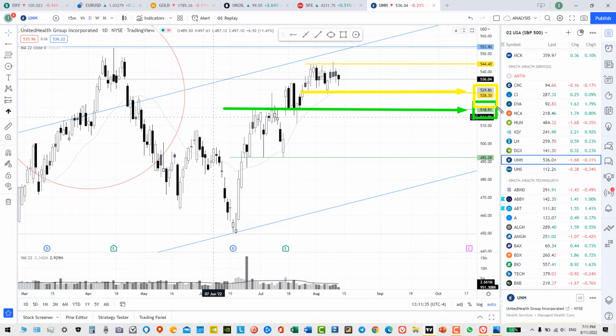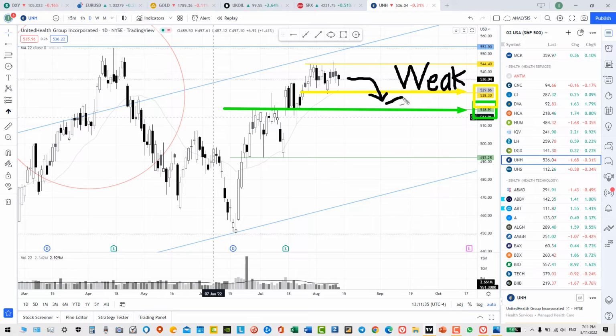So these are the two most important levels in the identification of any corrective wave, if any corrective wave is going to be created. Why? Because a break below 528 will be considered a clear sign of weakness, especially if this came with a 2 days close.